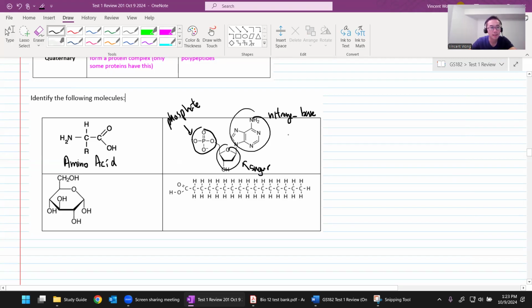So this is a nucleotide. I don't expect you to know whether this is a DNA or RNA nucleotide. That's a little bit hard to tell. But you should know this is a nucleotide. This here with the hexagon and all the OHs, this is a monosaccharide. And this one with a bunch of CH, very long, that would be a fatty acid.